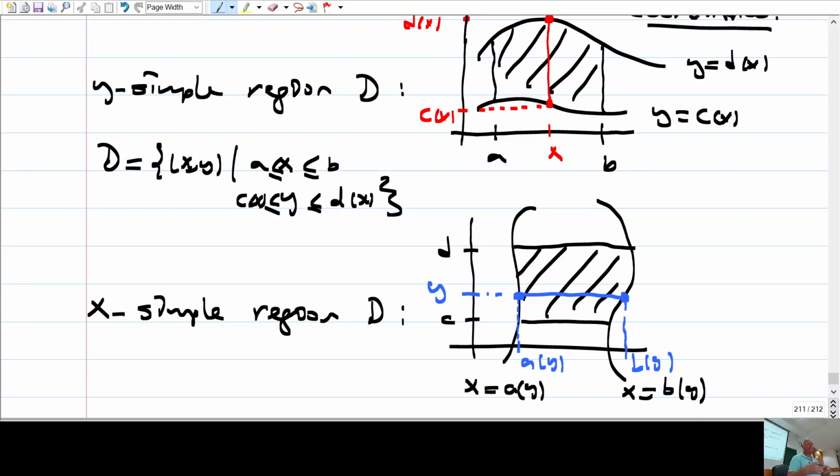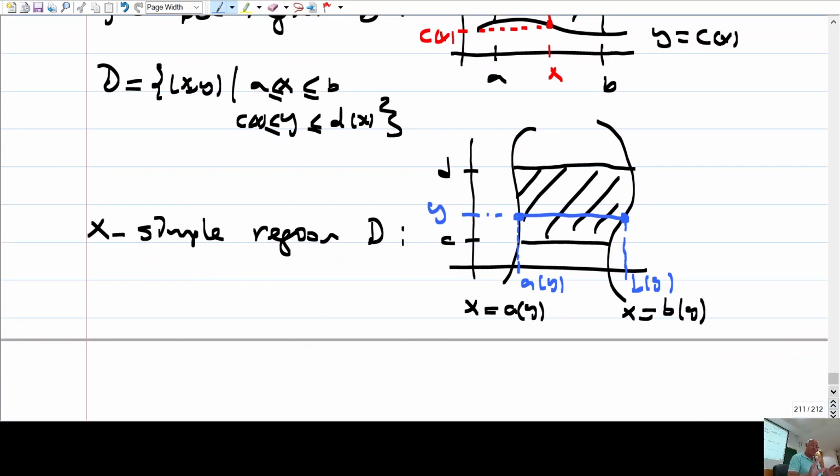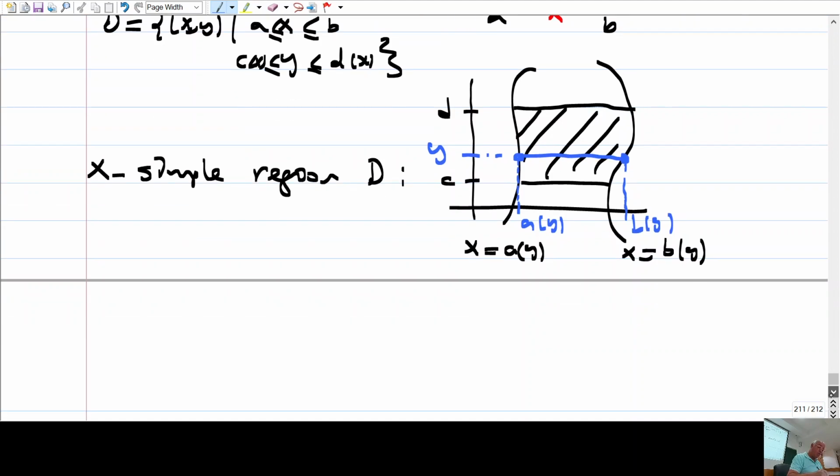You just replace the roles of x and y. These are simple regions. Why do we call them simple? Because integrals over these regions can be computed in a simple way. That's why they are called simple regions.